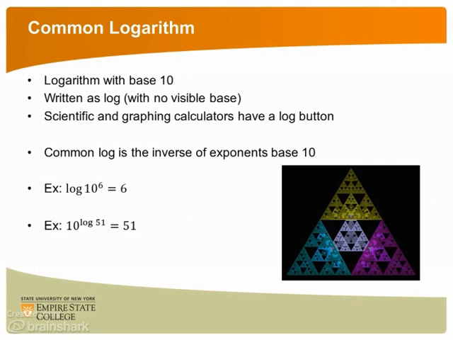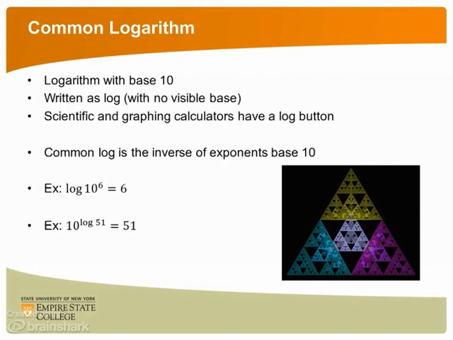By convention, the common logarithm is written without a visible base. So if you see just log without a subscript, you can assume that it means base 10. Because it is used so frequently, scientific and graphing calculators have a log button to find the common logarithm of numbers. For example, log of 100 would be 2.